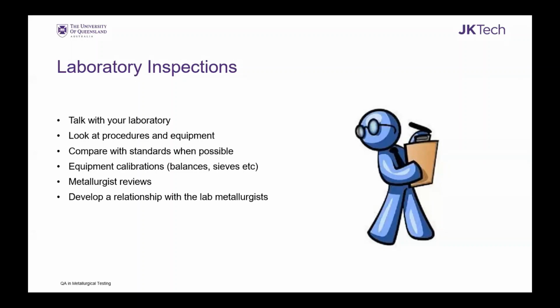I know with the Bond ball mill test, the parameters for the Bond test are reasonably well defined in Bond's original paper. So you can discuss with the lab how well their procedures match what Bond used, and see what they can provide in terms of consistency and how they ensure that their testing remains consistent.